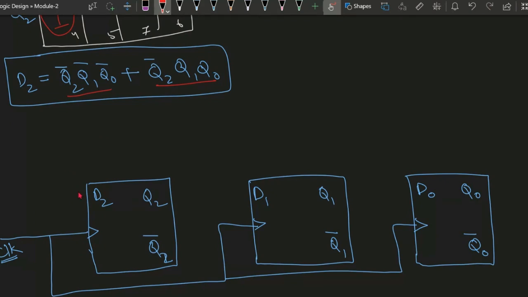The expression for D2 will be the OR of the 2 AND gates.